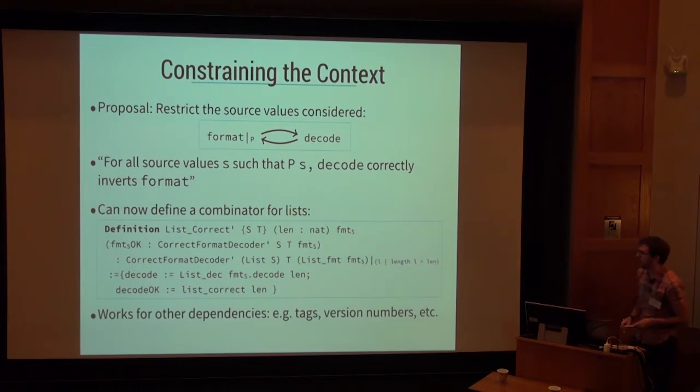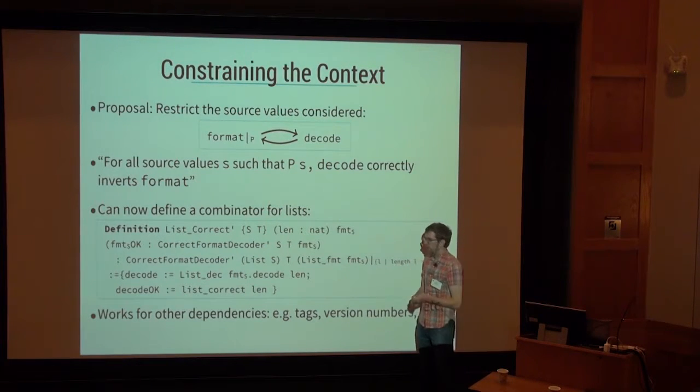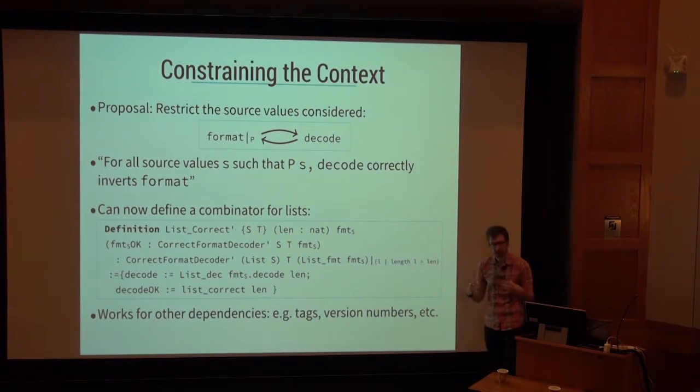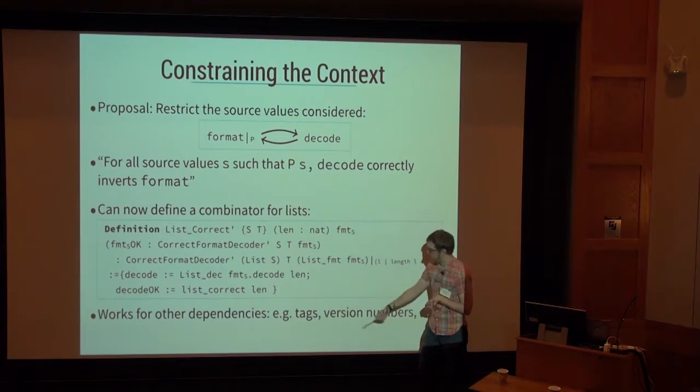And in fact, this works for all other sorts of dependencies, and these dependencies crop up all the time in real formats. Again, in DNS, it's very common to take a tag representing the type of resource record, encode it somewhere in the format, and then many, many bytes later, use that tag to decode the payload of that resource record. You can imagine version numbers.